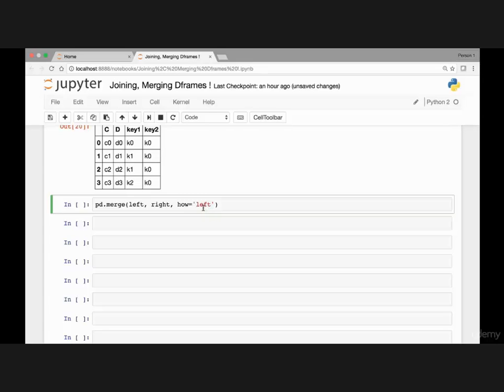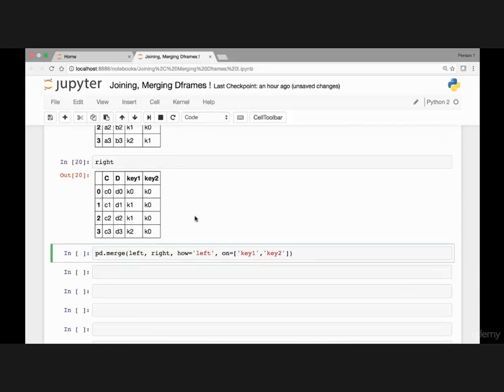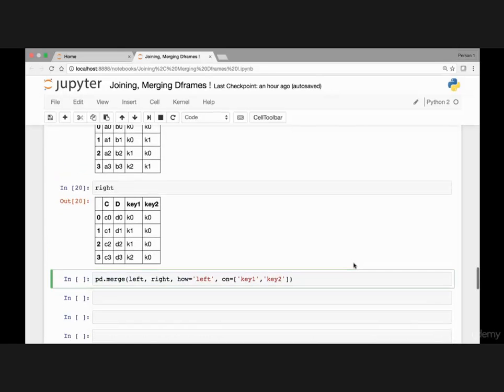This means we'll be using keys from the left data frame, and we'll be merging them on both keys, key 1 and key 2. So let's pass that, key 1 and key 2. So take a moment and think what the result will look like.